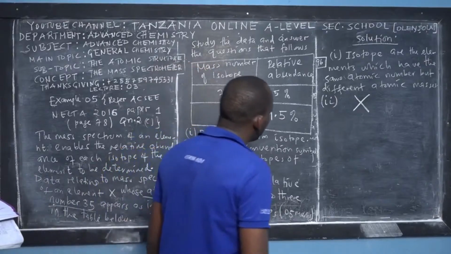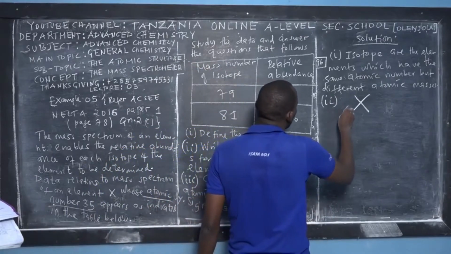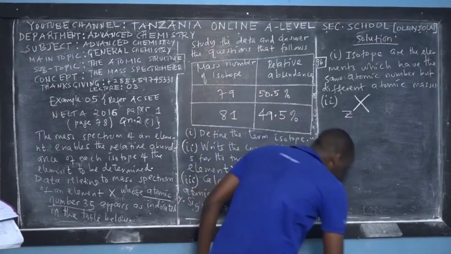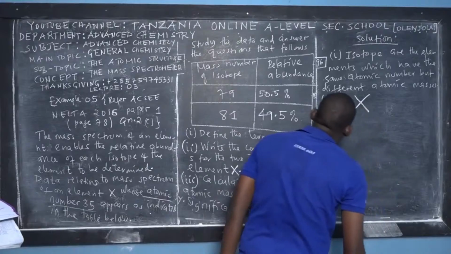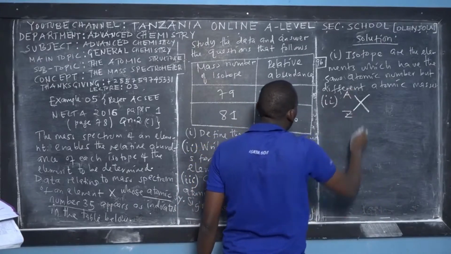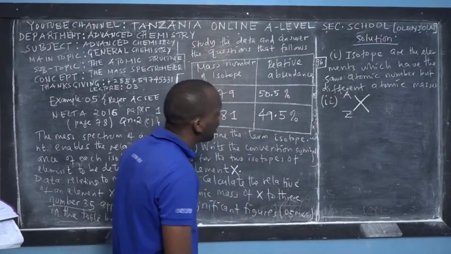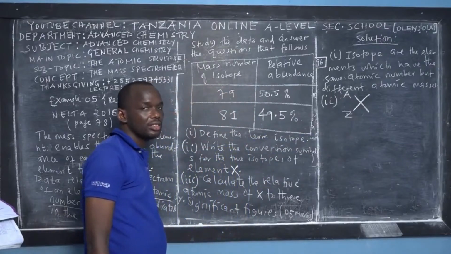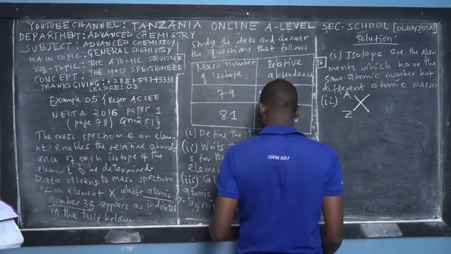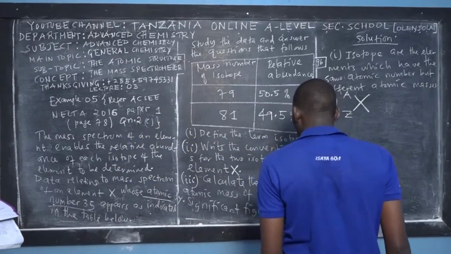So when you write here, we used to have the atomic number, and then as a superscript on the left of the element symbol, we used to have the atomic mass. So for this, we write the conventional symbols.